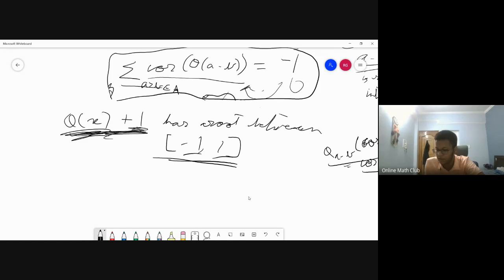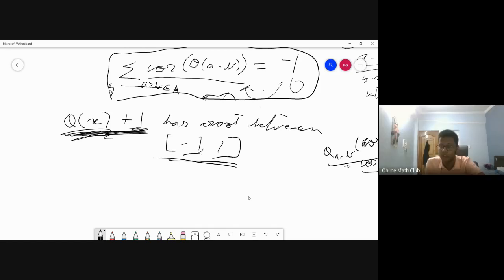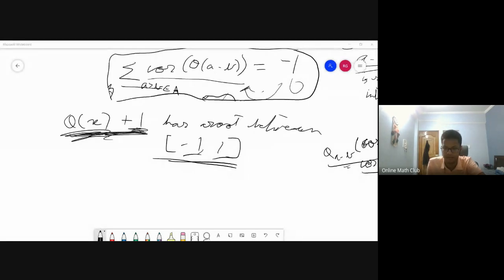I'm not sure how we'll do it, but it does not sound that ridiculous that we'll be able to find a real root, just a real root. What conditions do we have on q of x? I'm not sure, that's why I'm thinking. If I knew, I would tell you.